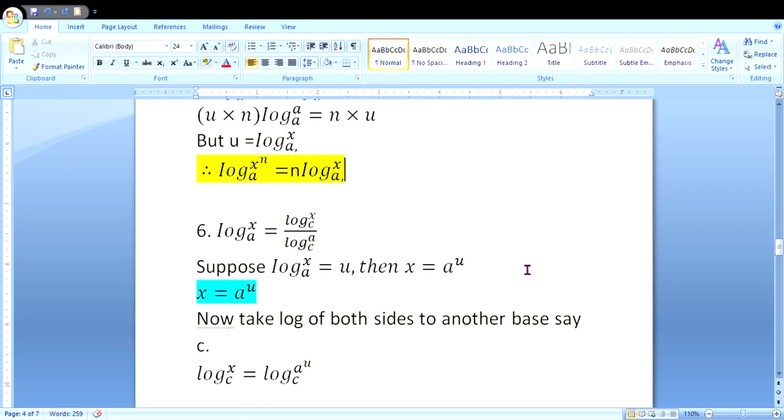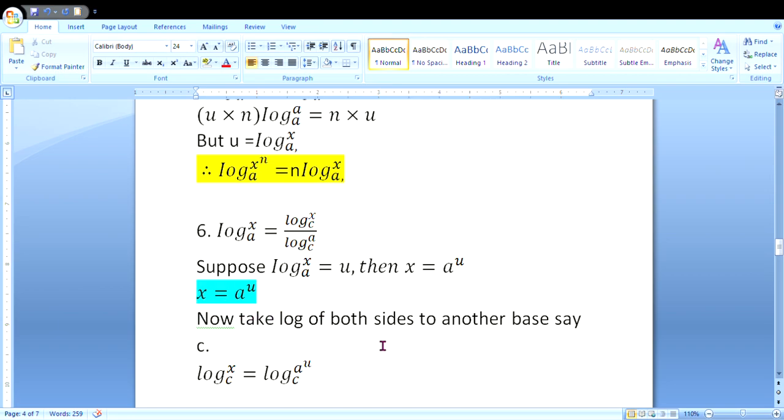Now suppose, like we have always said, that log x to base a is equal to u. Then x is equal to a raised to the power of u.